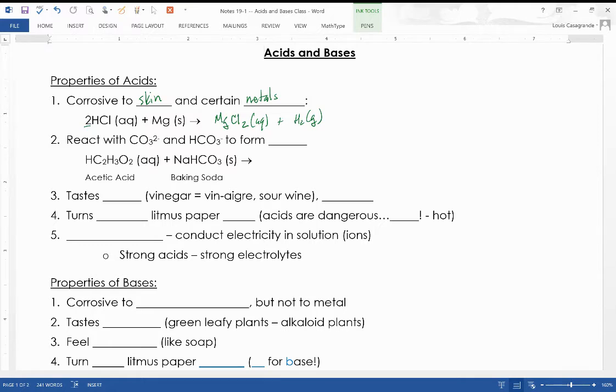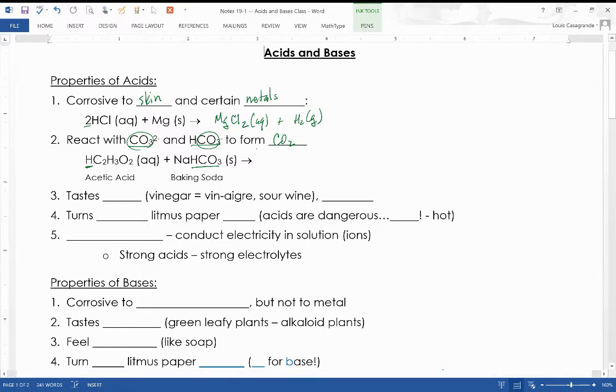Another thing is you can react with either carbonate or hydrogen carbonate, and when you do, the carbonate comes out and forms carbon dioxide. And this is the basic baking soda and vinegar experiment that you may have done back in elementary school. Acetic acid is vinegar, and it has an H here, and we'll talk about that later on. Baking soda is a base, and it's got this guy, and how it works as a base we'll talk about in tomorrow's lesson.